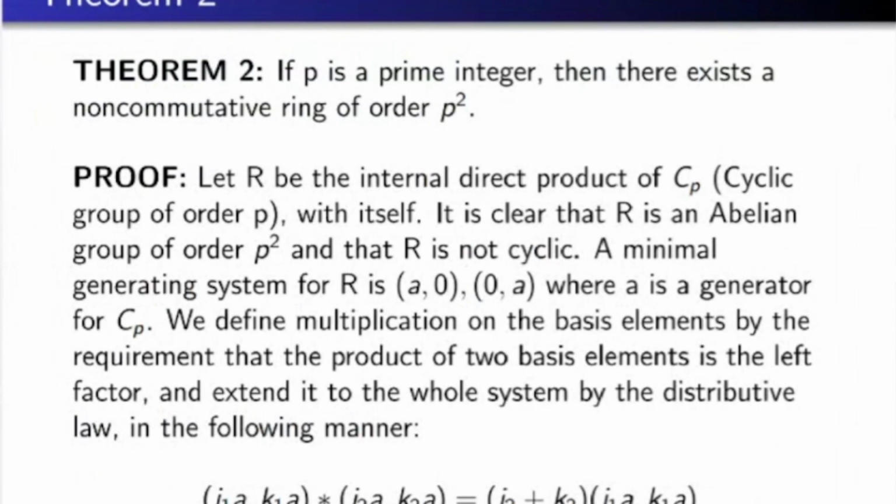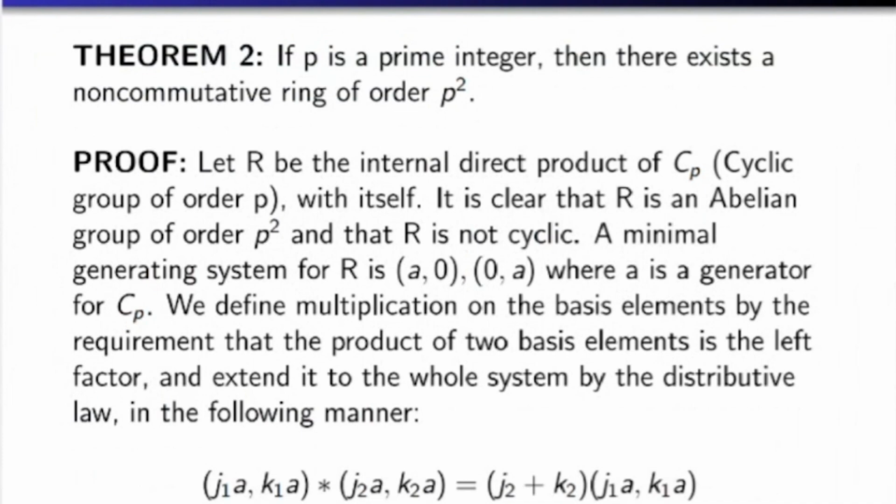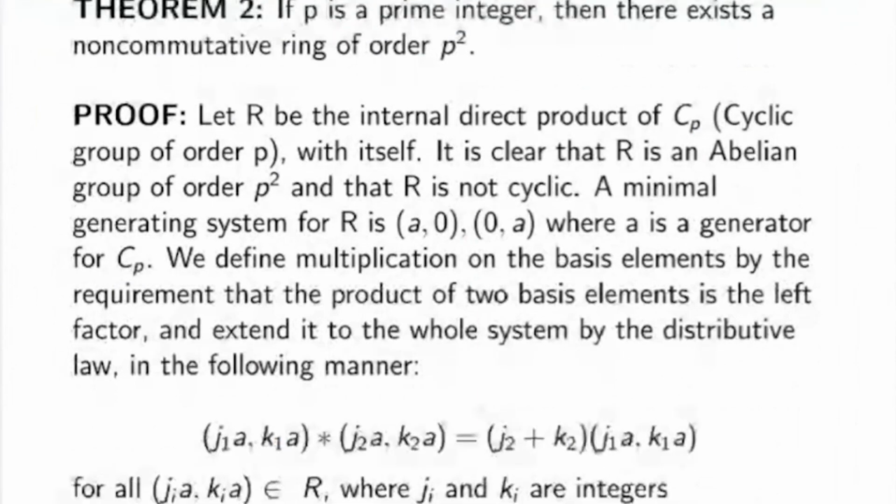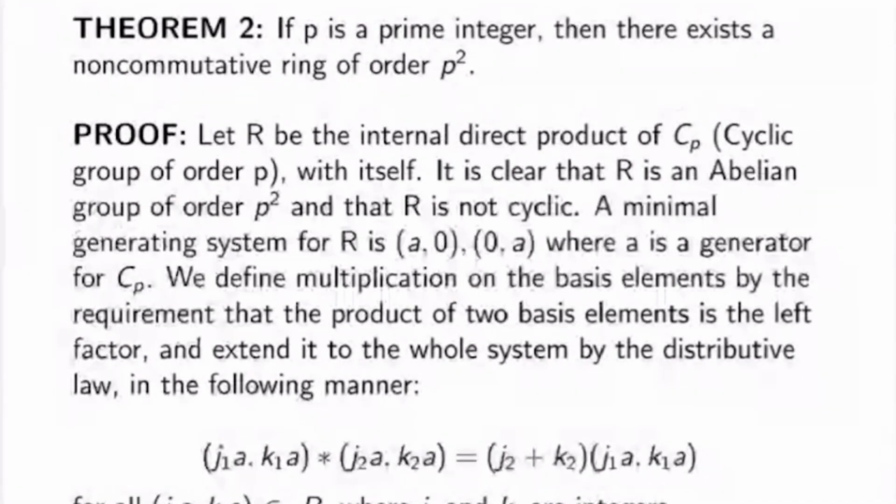Can anyone tell me what the possibilities of this ring are? When we consider it as a group with addition, R plus of order p square can be characterized as one of two groups: the group Z p square, which is abelian and cyclic, and the group of the form Z p cross Z p, which is abelian but not cyclic, right?